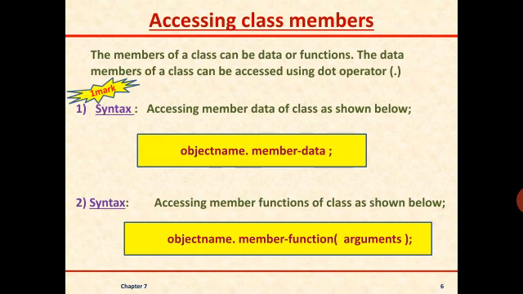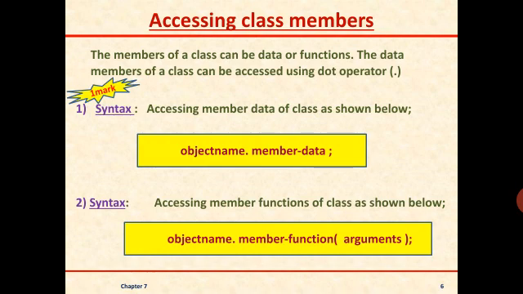The members of the class can be accessed by using a dot operator. To access either member data or member functions, we must use the dot operator. Since we have member data as well as member functions, we must remember two syntaxes.